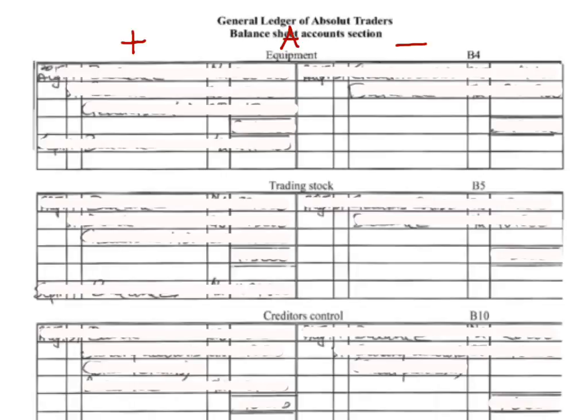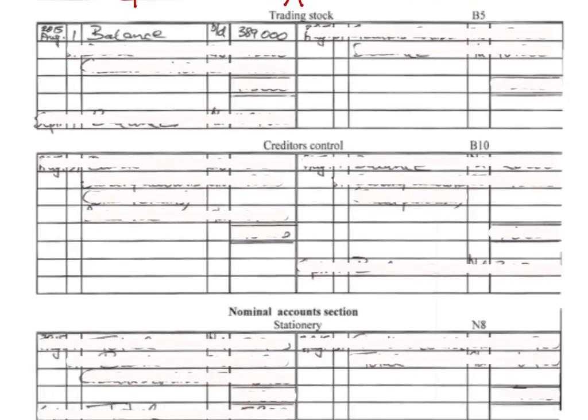So it will say August 1st, balance brought down of 200,000 for equipment on the debit side. Then trading stock, also an asset, also increases on the debit side and decreases on the credit side, so it will also have its balance on the increasing side. It will say August 1st, balance brought down 389,000 Rand on the debit side of trading stock.